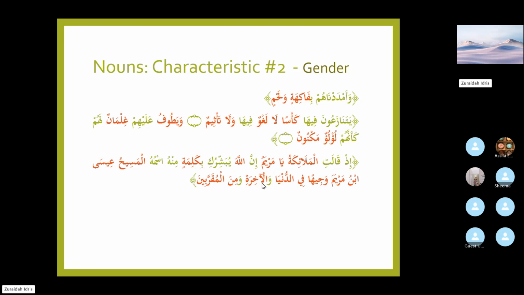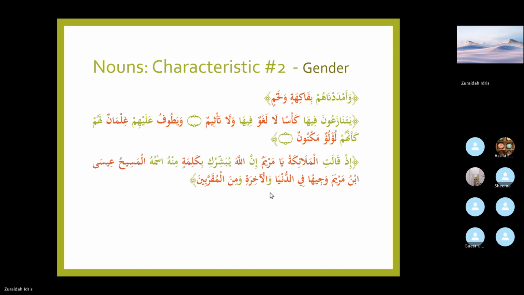So al-akhirah. What is this? Is it an isim, fi'il, or harf? It has alif lam, so it is ma'rifah. Yes. And is it feminine or masculine?